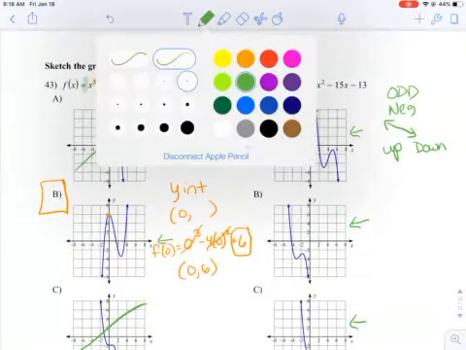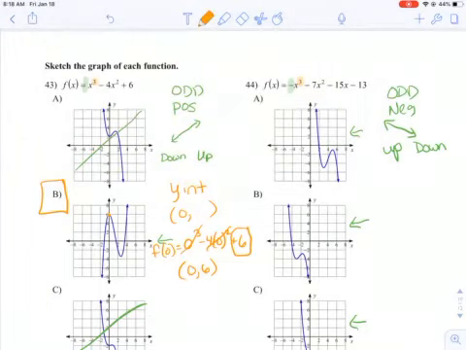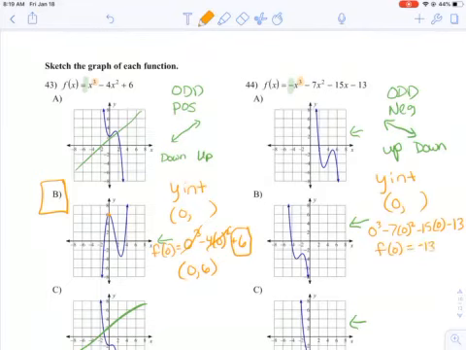Now let's look at the y-intercept. So y-intercept is when we put a 0 in for x. 0 cubed minus 7 times 0 squared minus 15 times 0 minus 13. So if we put a 0 in for x, we get a negative 13 out. So 0, negative 13.